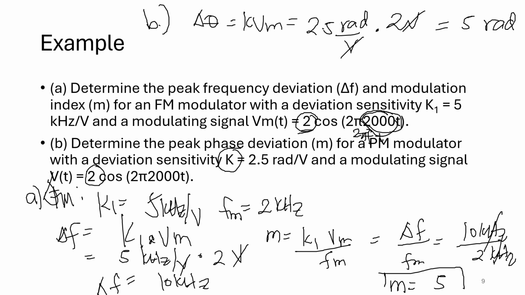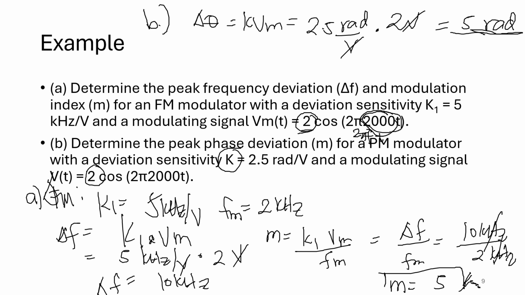So as we can see here, the modulation index for the frequency modulated carrier was equal to the modulation index of the phase modulated carrier. They are both equal to 5. However, this 5 here is in terms of radians, and this one is in terms of modulation coefficient. So why did we compare them?